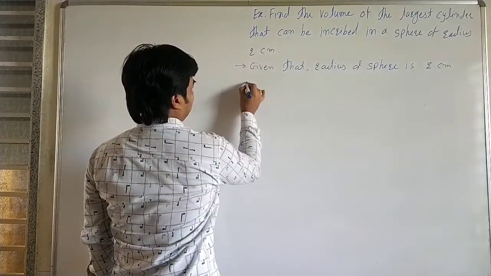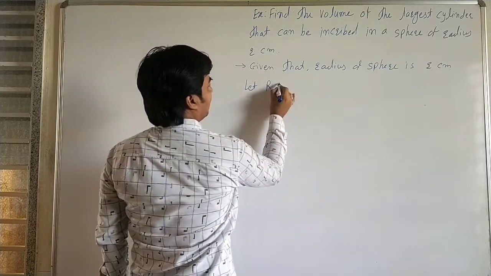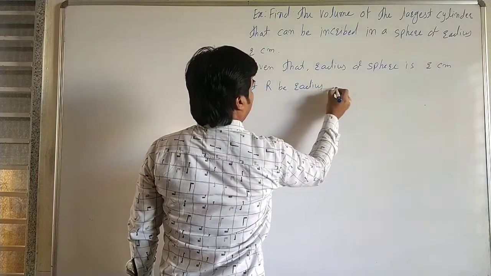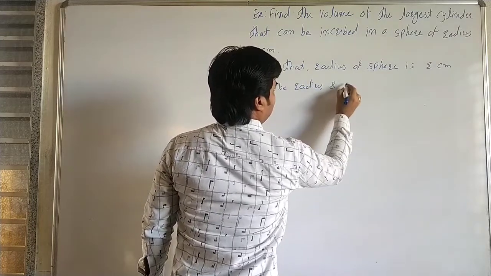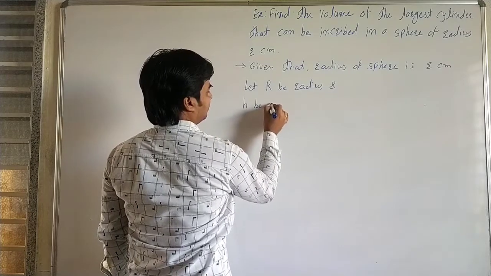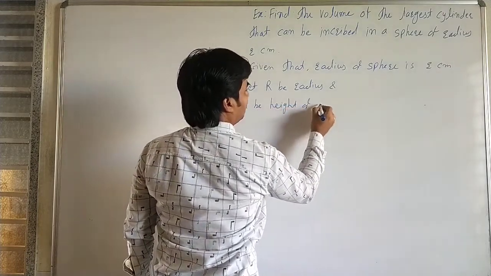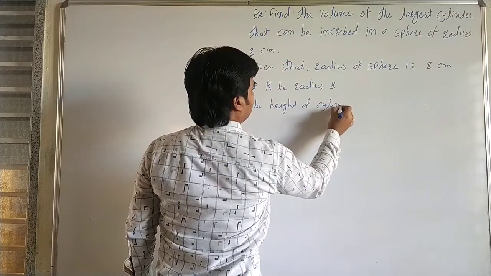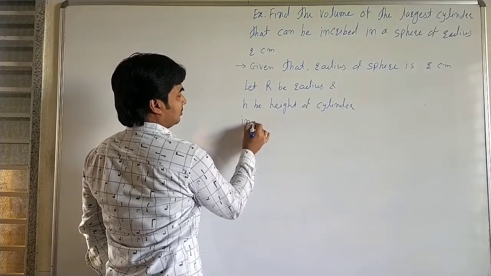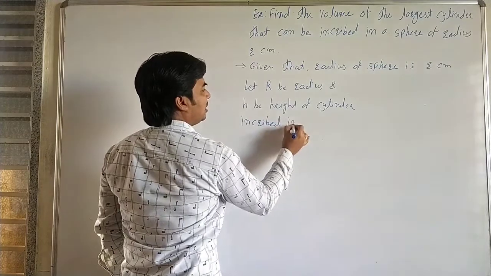Now let capital R be the radius and h be the height of the cylinder inscribed in the sphere.